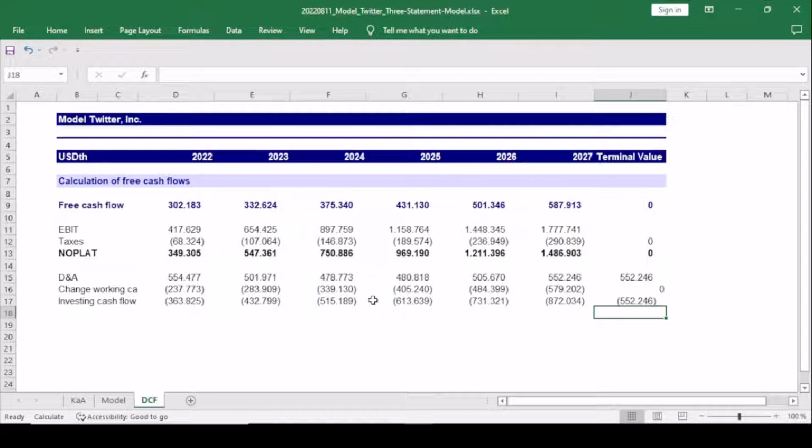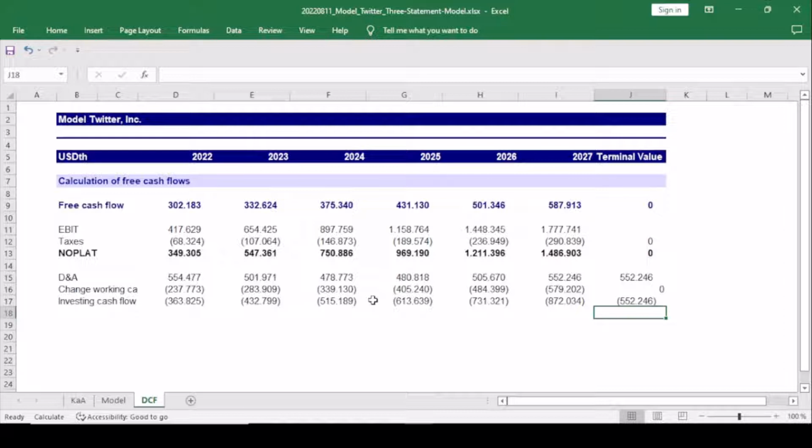Although there are arguments and discussions if there should be more than just replacement capital expenditures, in my view, terminal value should reflect a steady state based on a constant asset basis, allowing a constant but low growth rate.